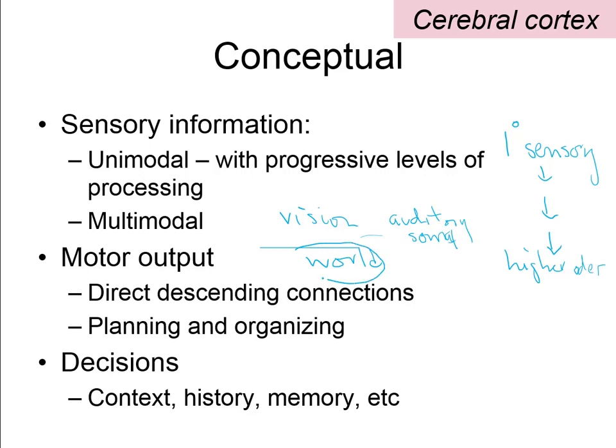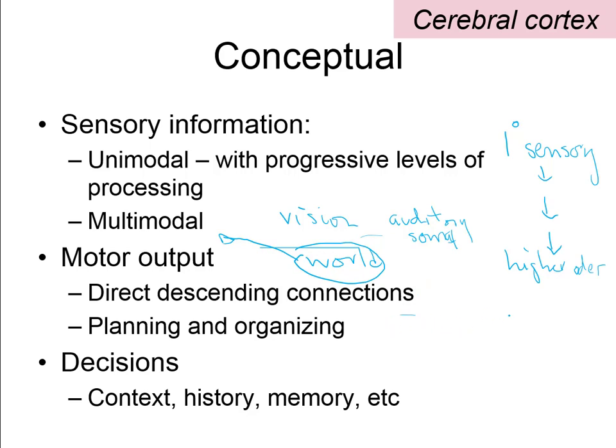Your world is not made up of separate vision systems, and that brings you to multimodal cortex. And as we'll try to show you, this is going to be in between all three major primary cortices. Visual cortex in the posterior portion of the occipital lobe, somatosensory in the anterior portion of the parietal lobe, and auditory in the posterior portion of the superior temporal lobe. And then what's left in between them is the area where you will get to your multimodal cortical areas, okay? The motor outputs exist, and they begin in sort of the opposite direction.